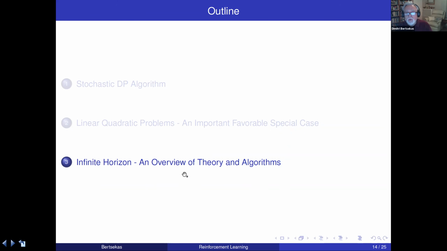However, I want to give you an overview of the theory and the algorithms with a view to give you a more comprehensive view of the field, and also to make the argument that a lot of the methodology for infinite horizon problems is a straightforward extension of the methodology for finite horizon problems. Well, perhaps mathematically not so straightforward, but conceptually. So that's what I'm going to do for the rest of the lecture.